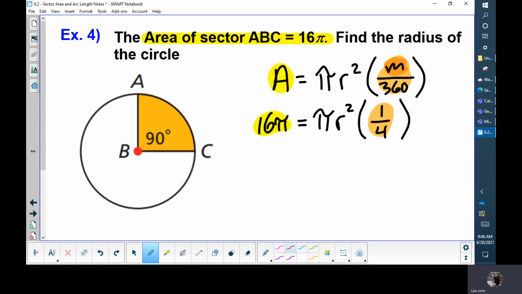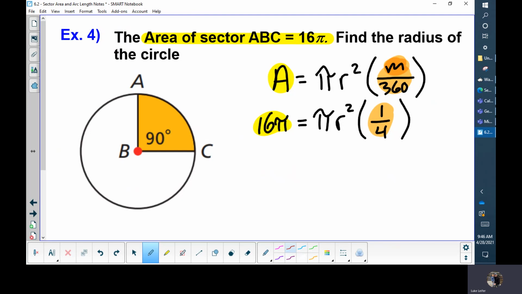Okay, we need to solve for r, so we need to do some basic algebra steps. I probably would get rid of that fraction. That's an easy way to start. I don't like having that 4 down there in the denominator. Life's a lot better without fractions, right? I'm okay with the 1 there, but I don't like this dividing by 4. What's the opposite of dividing by 4? Multiplying.